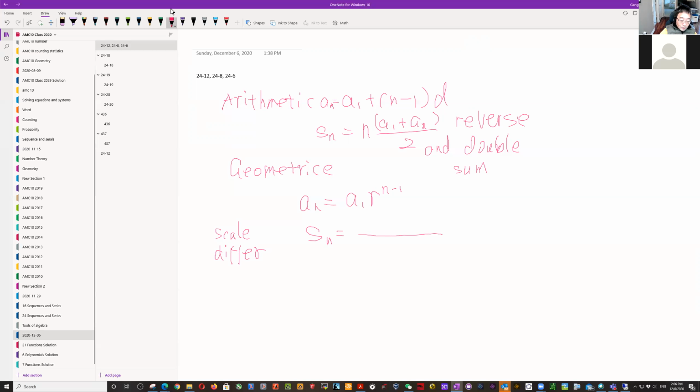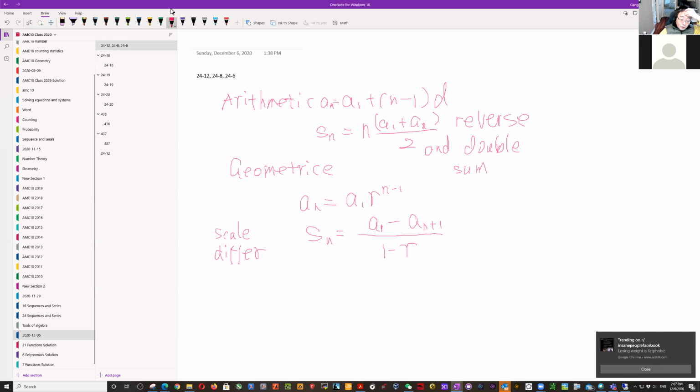So Sn will be equal to, when you scale up, you subtract, and the denominator is 1 minus r. On the top, the first number will not disappear, which is a1, minus a(n+1). This is what it is.